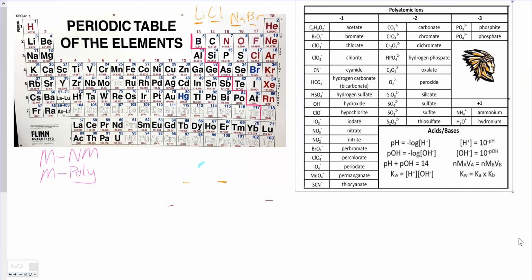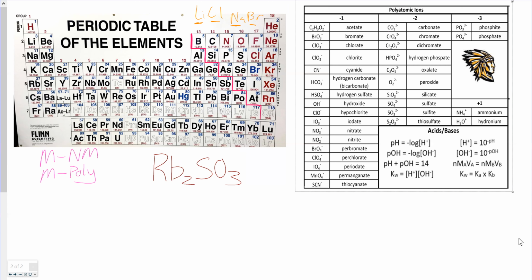All right, see if you can find that one. Name your first element.